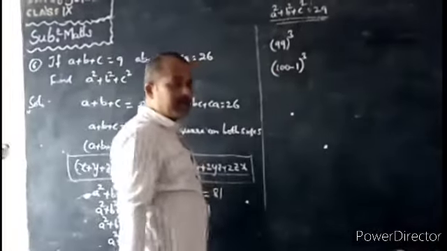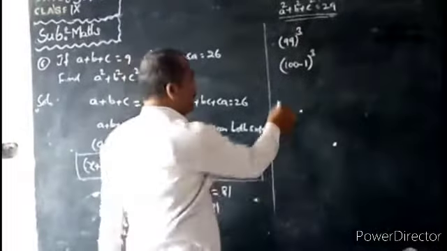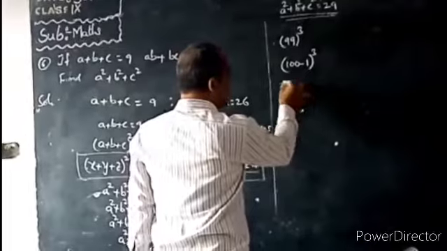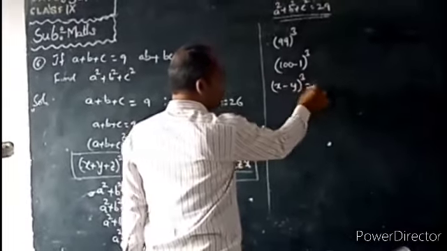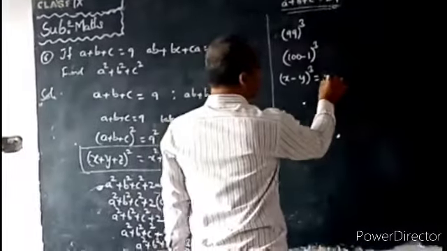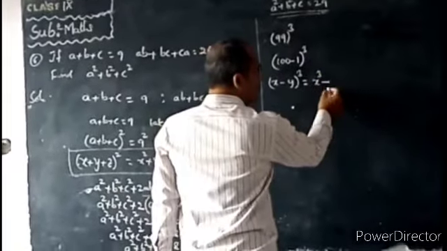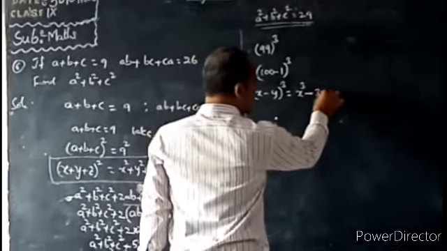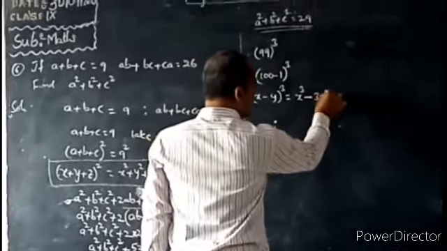Which identity can we use here? x minus y whole cube, that is x cube minus 3x square y plus 3x y square minus y cube.